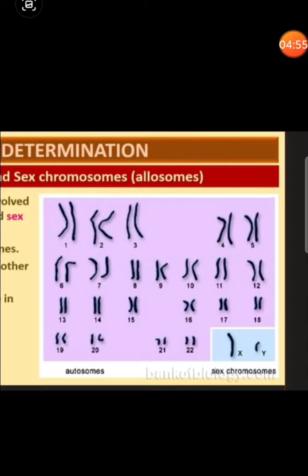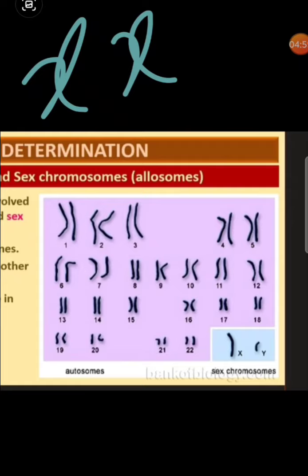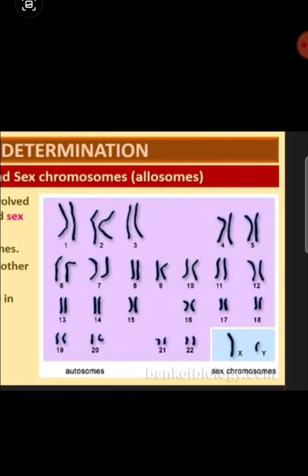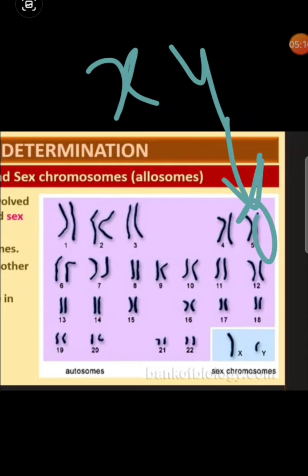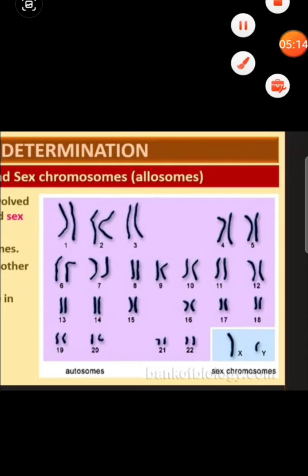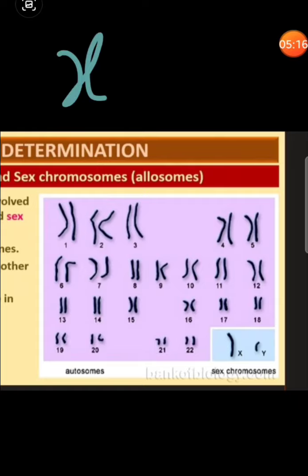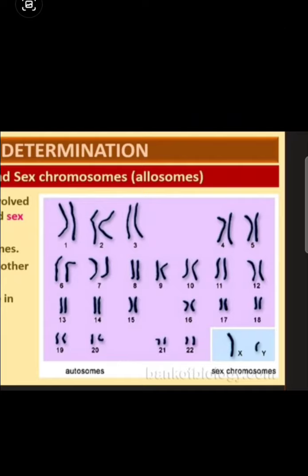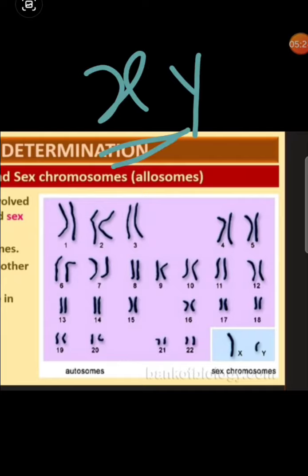If it is X and X, one X will be inherited from father and one X from mother. If it is X and Y, for sure Y will be inherited from father and X from mother. So XX is the chromosomal composition of females, and XY is the chromosomal composition of males.